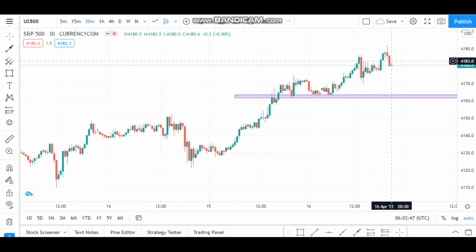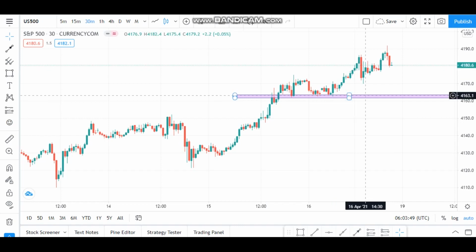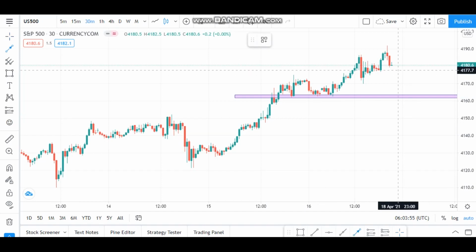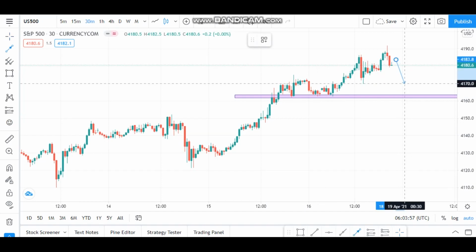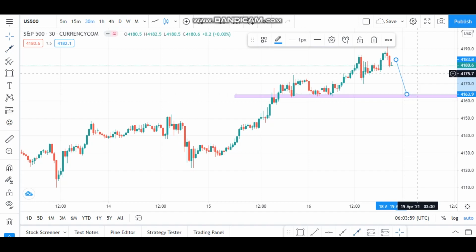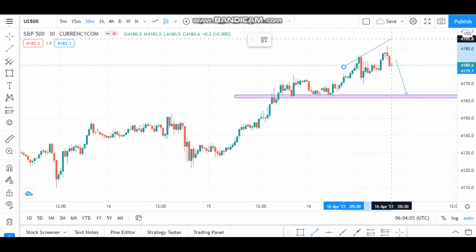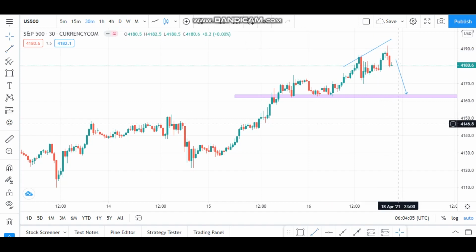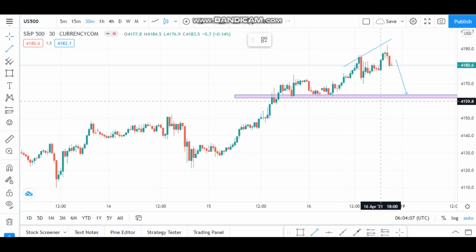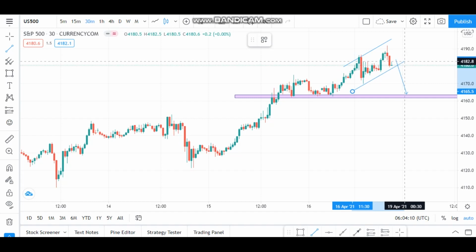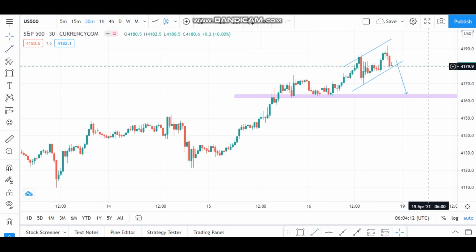In 30 minutes, we are seeing that the market is in kind of an ascending channel. So possibly price might open and then the market drops to the support, because this is an ascending channel, before it then creates another pattern to go bullish.